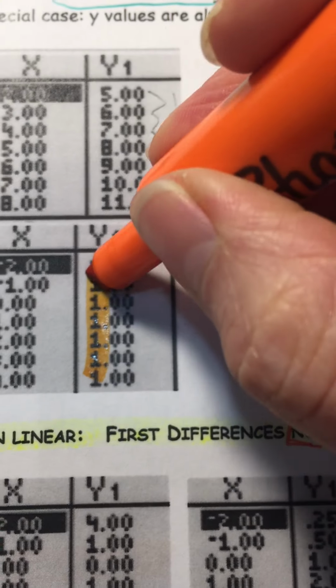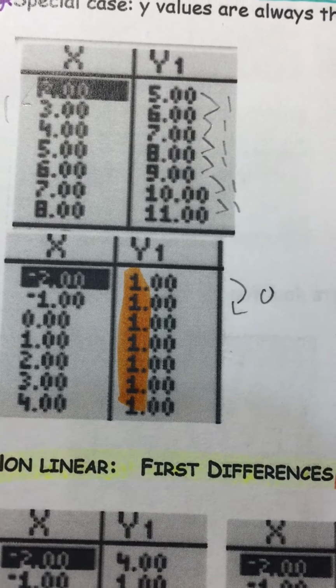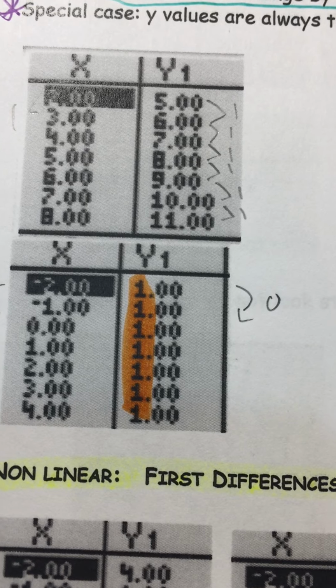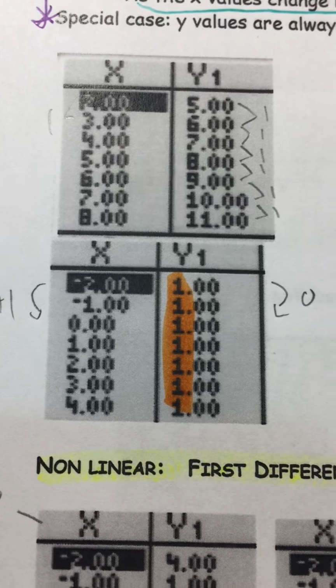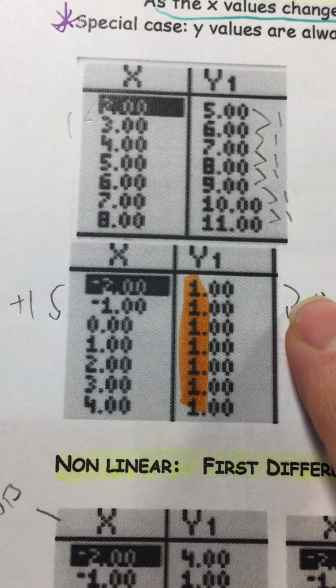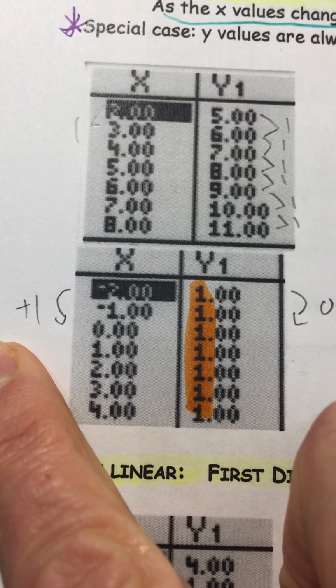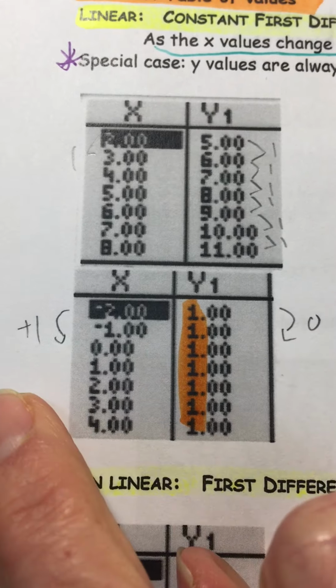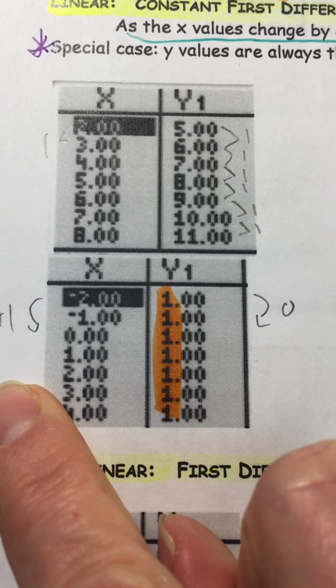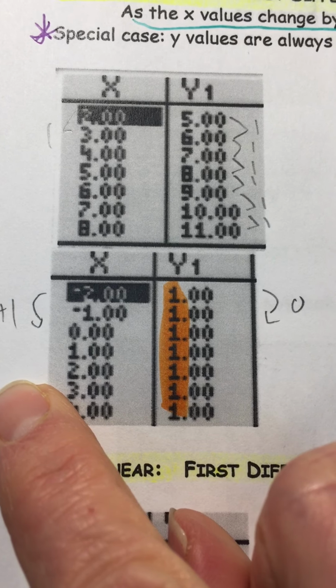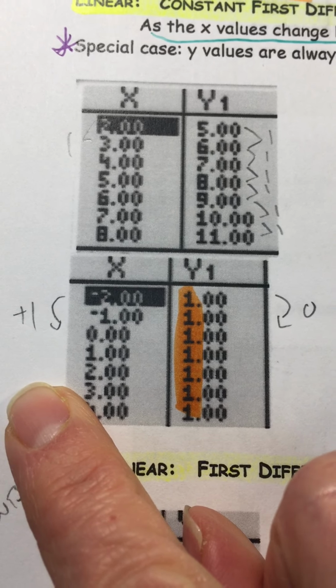If you notice that the y's are not changing at all, you can say, well, I know slope is simply the difference in the y's over the difference in the x's, so that's 0 over 1, and so that slope is 0, and I know of a special line that has a slope of 0, and so that's a line.